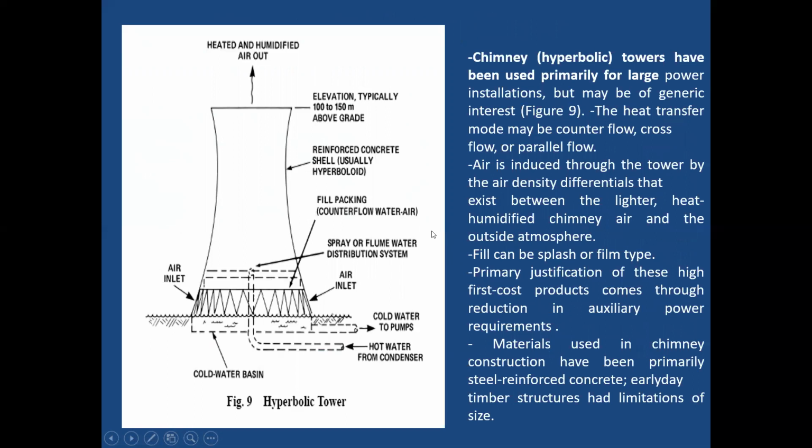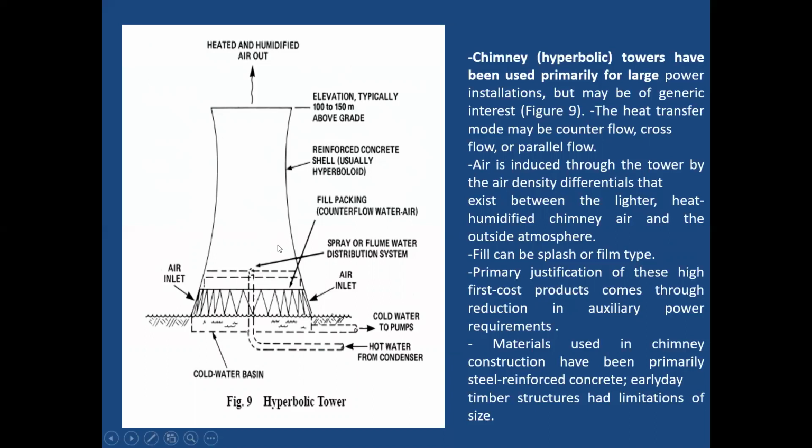And the third type is the hyperbolic tower, also called the atmospheric cooling tower. Generally, this type of tower is of generic interest, especially used in large installations like power plants, and very rarely used in HVAC plants. The heat transfer mode may be counter flow, cross flow, or parallel flow. All three flows are possible.